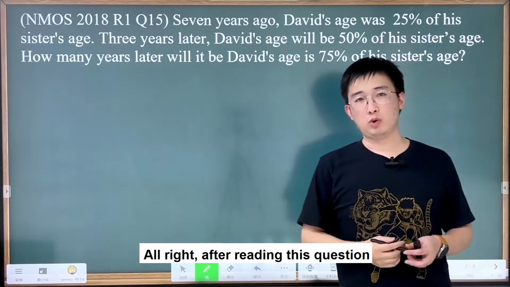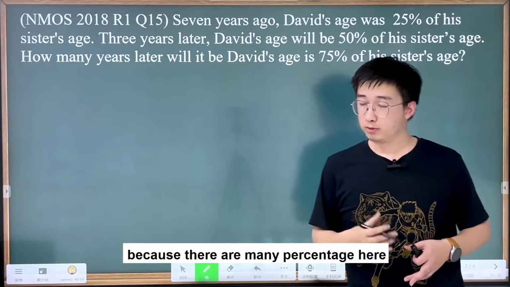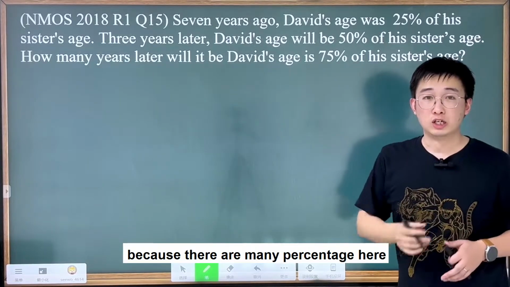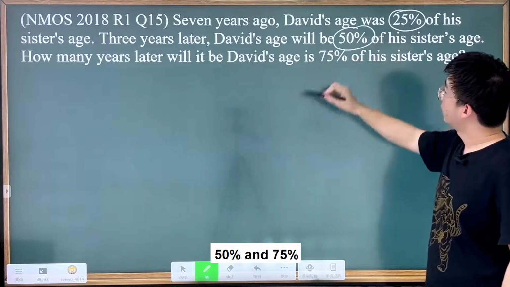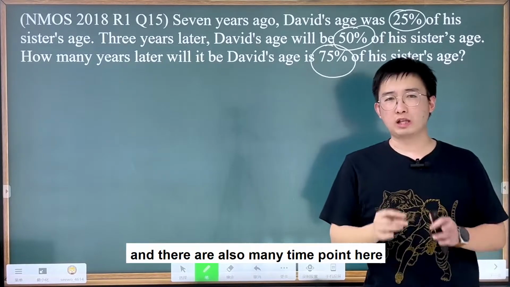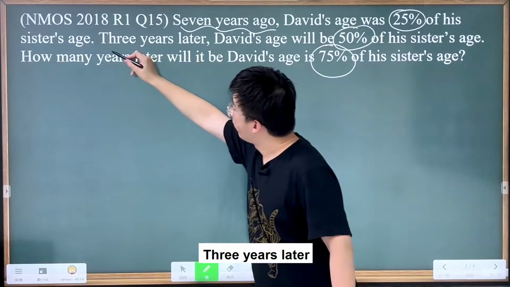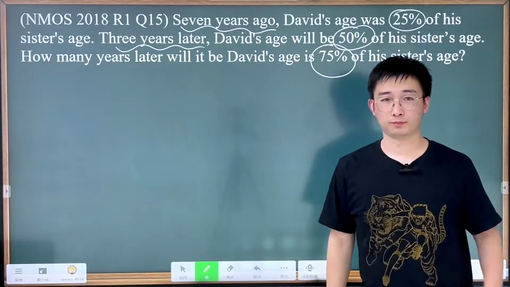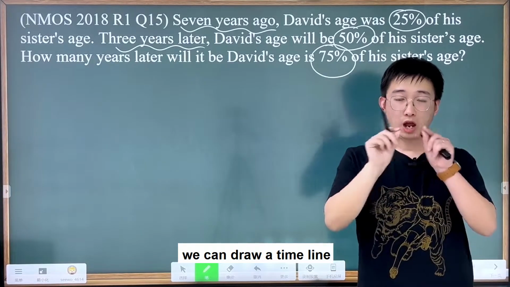Alright, after reading this question, we may feel confused because there are many percentages here, such as 25%, 50%, and 75%. And there are also many time points here, 7 years ago, 3 years later. So to make us feel clear, we can draw a timeline.